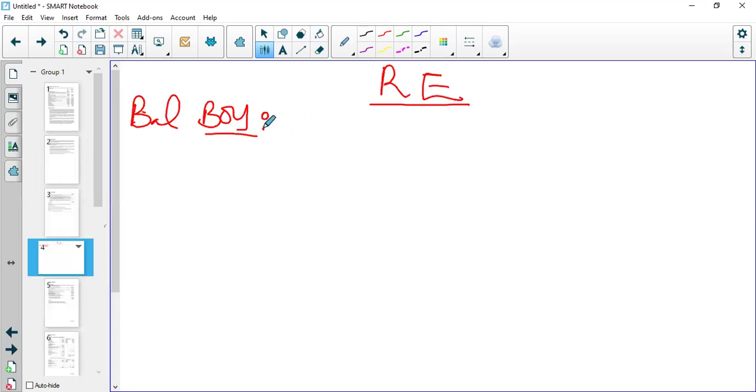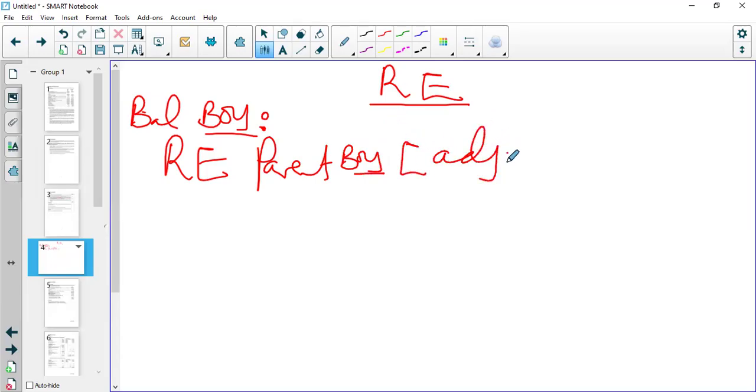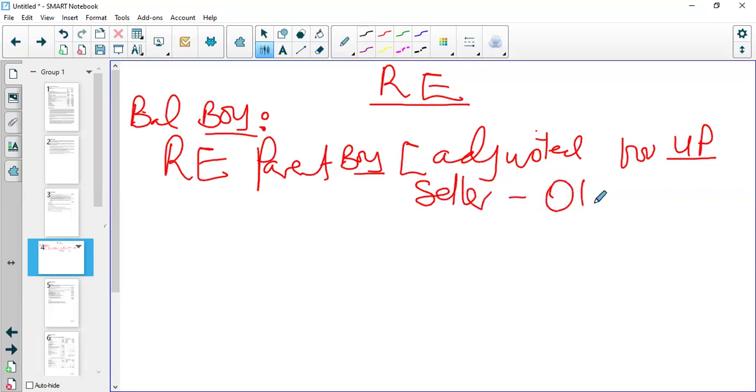It's made up of the retained earnings of the parent at the beginning of the year, and this would have to be adjusted for any unrealized profit if the parent was a seller. So this could be opening inventory, or if the parent was the seller of a depreciable asset.